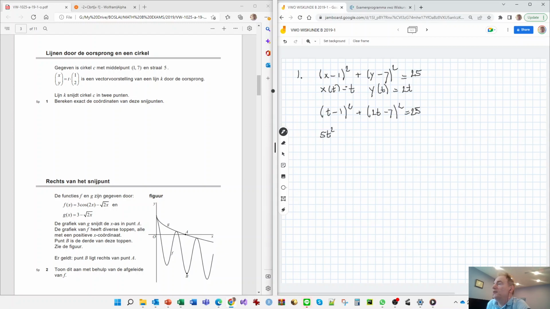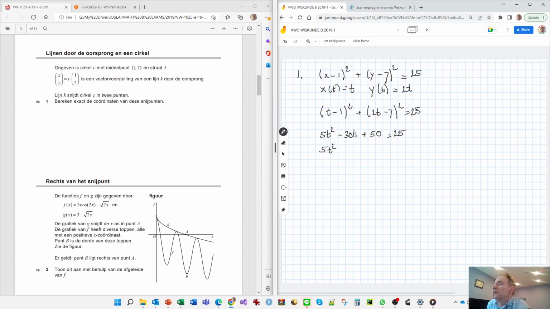You get minus 2t, but here you get minus 14 times 2, minus 28. So you get minus 30t. Probably you should just write it down one more time in your exam just to avoid mistakes. And you get a 1 squared and a 7 squared, so it's 50. Minus 25, that looks good.